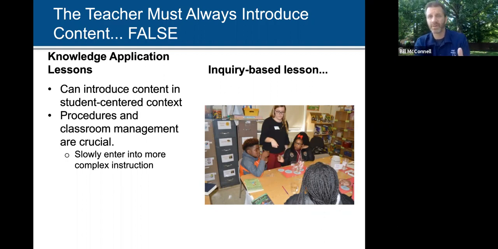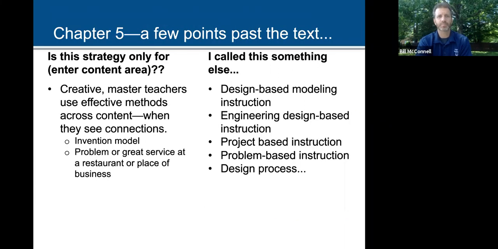The students were fiddling about trying to figure out what's going on with all these different parts in the flower. They didn't know the names of it, but they were able to describe it and predict what they thought it was, and then the teacher starts going in and attaching vocabulary to that. So that is one way that you can do these knowledge application lessons. Okay, so let's keep going.